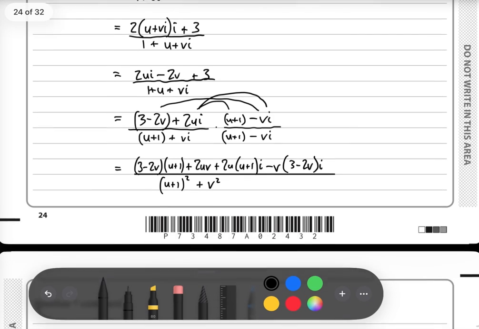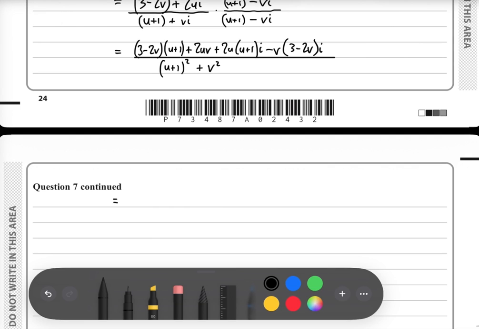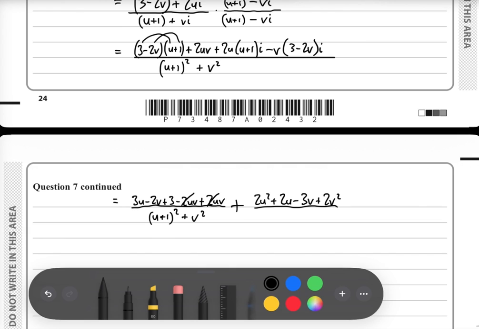You can see the real and imaginary parts there, so as I expand all those brackets, I'm also going to split the fraction. 3u minus 2v, and then the other two terms, 3 minus 2uv plus 2uv, that's nice, cancel those, and that is the real part. Then the imaginary part, 2u squared plus 2u minus 3v plus 2v squared, over u plus 1 squared plus v squared, i.